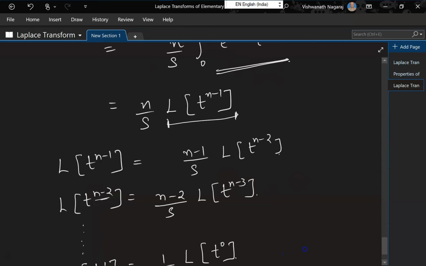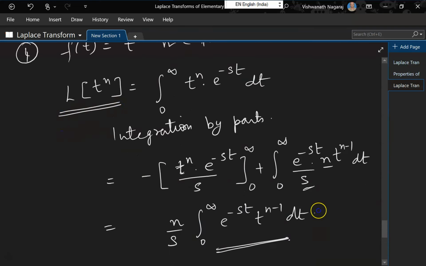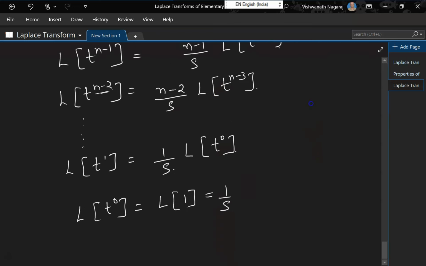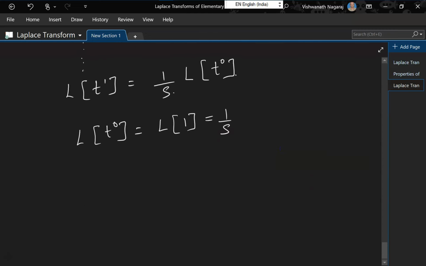So which means Laplace transform of t to the power of n is this times this times this, so we have to multiply all the right hand sides. So Laplace transform of t to the power of n is equal to n by s times n minus 1 by s times n minus 2 by s, and so on.